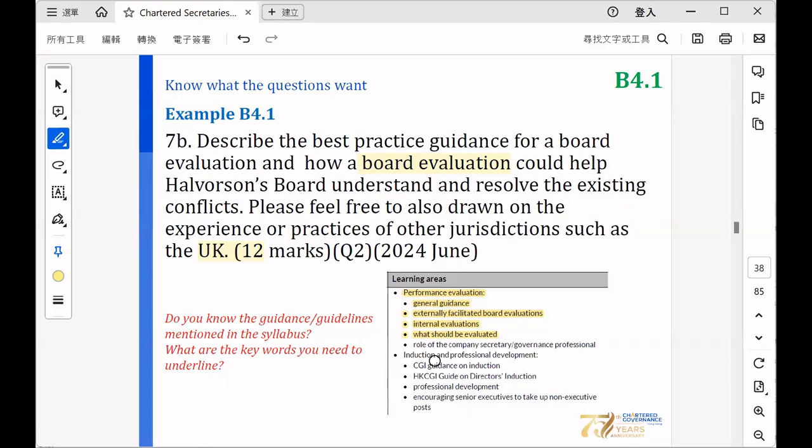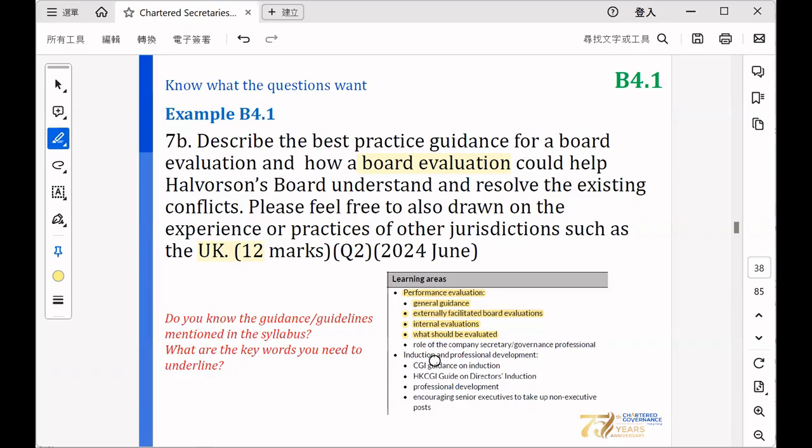If there's a conflict between members within the board, maybe external evaluation may be a better suggestion than internal evaluation, because for internal evaluation, it's just telling a member within your company.